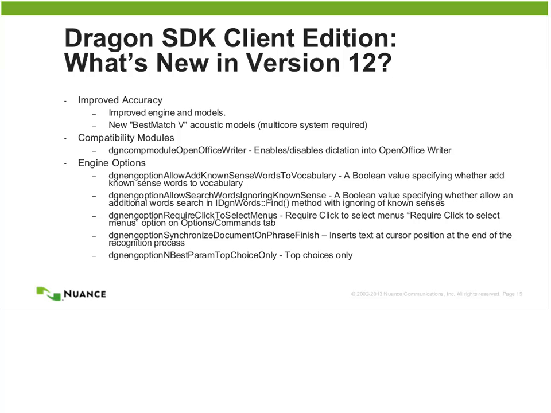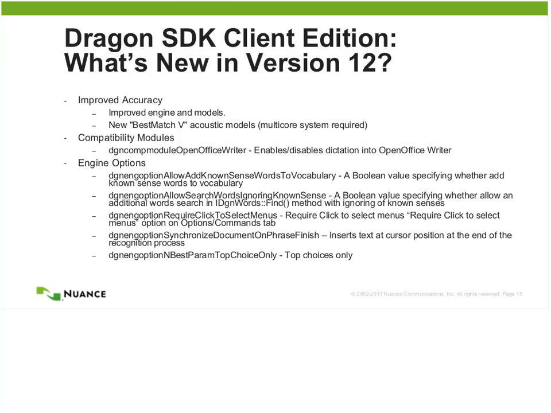And then we have a few new engine options. The first 2 are related to the vocabulary: the unknown nonsense words to vocabulary, and search words ignoring nonsense. Those are related to when you are adding words to the vocabulary; in version 12, you have to take into account those options.